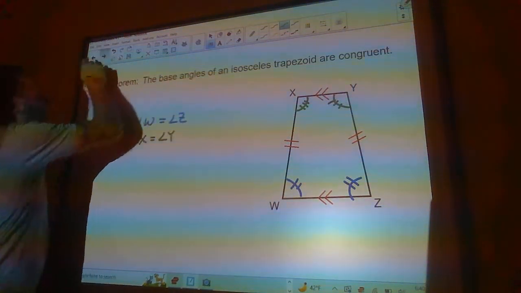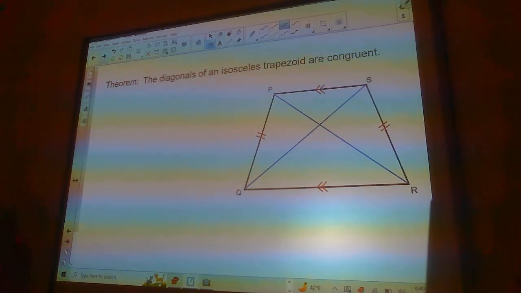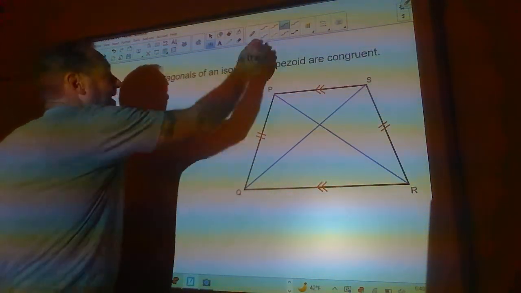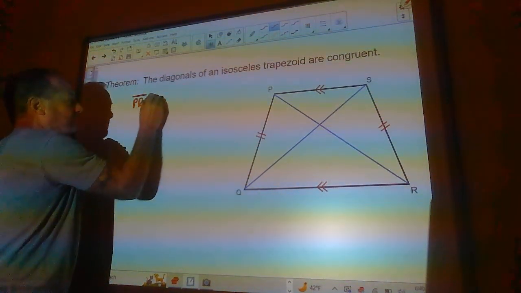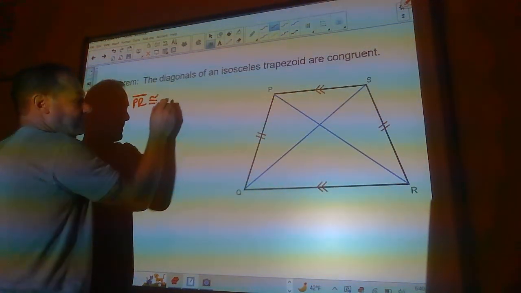Alrighty then. The diagonals of an isosceles trapezoid have to be congruent. So in this case, that says that PR has to be congruent to SQ.